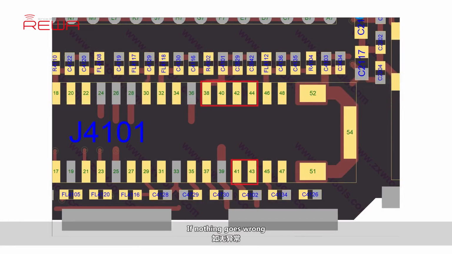If nothing goes wrong, run diode mode measurement of these pins on J4101, pin 38, pin 40, pin 41, pin 42, pin 43, and pin 44.